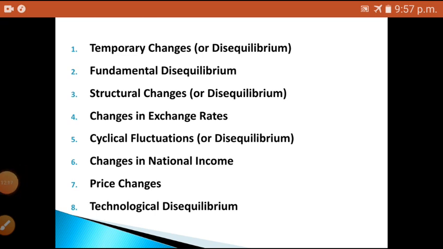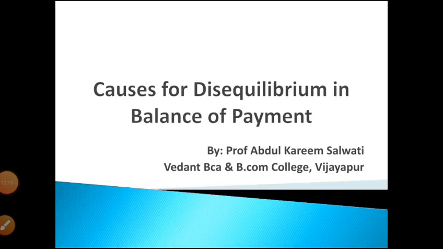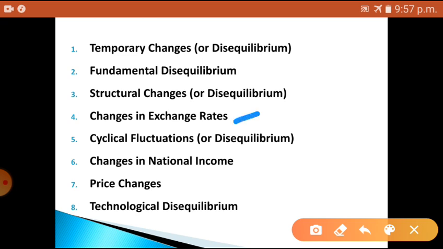Next, the fourth cause is changes in exchange rate. If there is a change in exchange rate, it also causes BOP disequilibrium. Suppose there are changes in the foreign exchange rate in the form of overvaluation or undervaluation of currency, which lead to BOP disequilibrium.